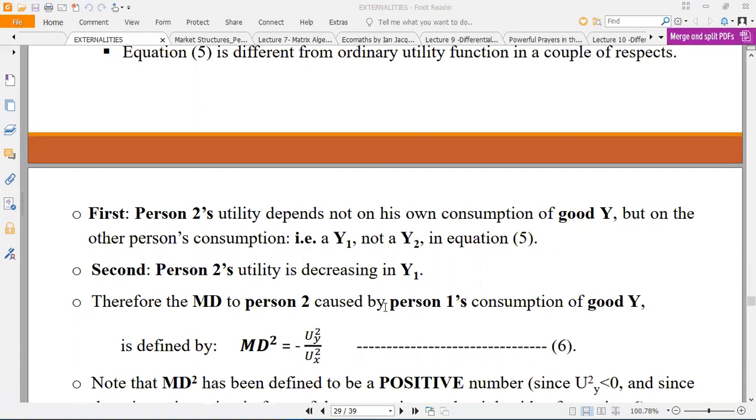But the first person will consume y1, and the second person cannot avoid the negative externality generated by the consumption of y1 by person 1.